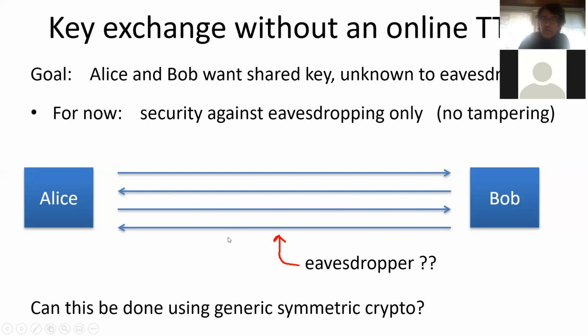Even though the eavesdropper has been witness to all their communications. So Merkle asked the question: can this be accomplished with symmetric key primitives, with encryptions, MACs, PRFs, PRPs, PRGs? And the answer is yes, kind of.